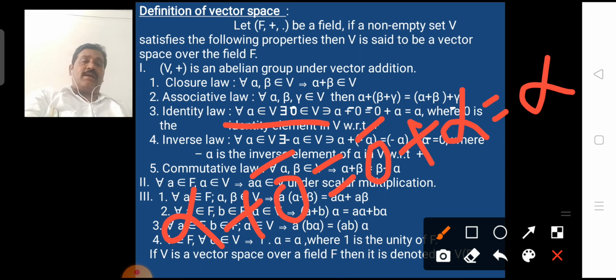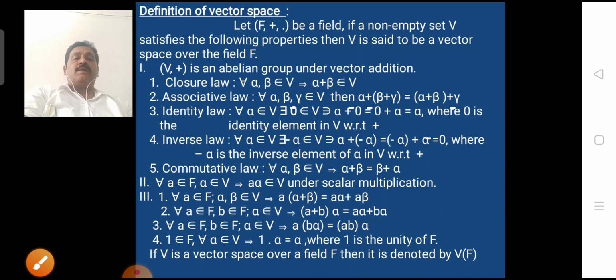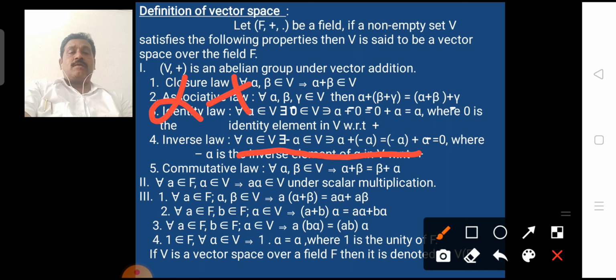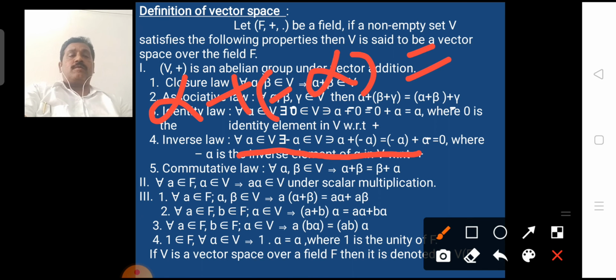And the fourth one is inverse law. That is, for each element in V, there exists its inverse element in V. For each alpha belongs to V, there exists minus alpha belongs to V such that alpha plus minus alpha equal to minus alpha plus alpha equal to 0 bar.